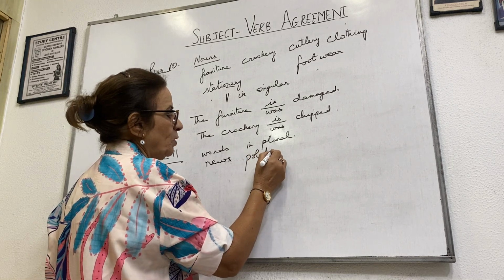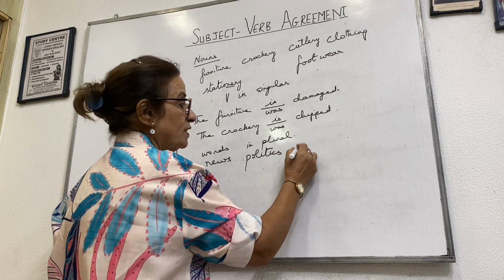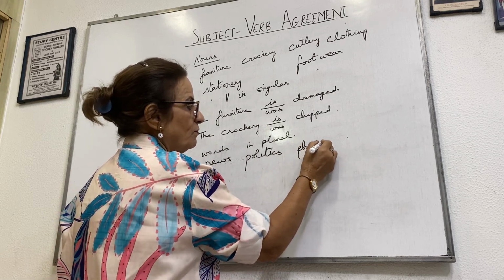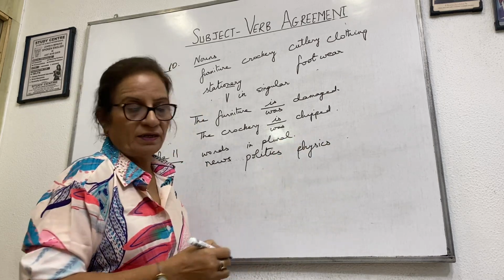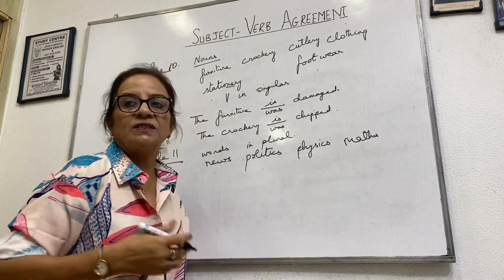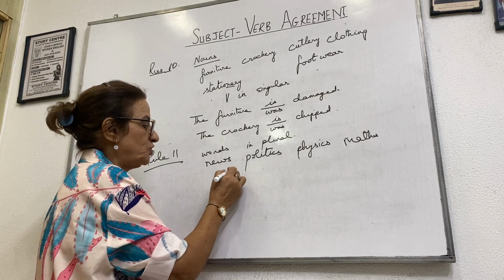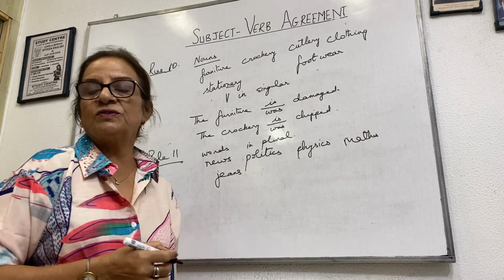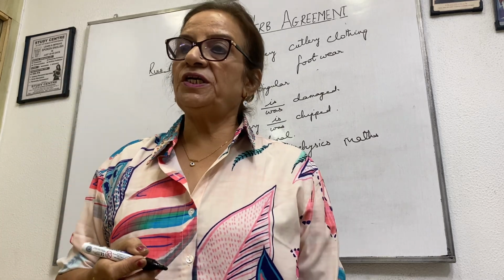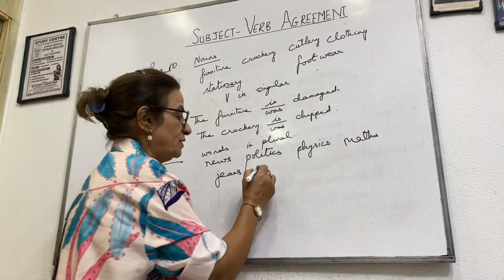We never say politic. Physics, the subject. We always say physics, not physic. Maths. These words are always plural. Even we all wear jeans. We don't say I'm wearing a jean. Jeans. So these are known as plural words.